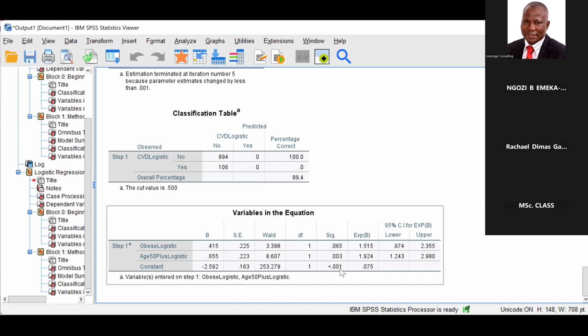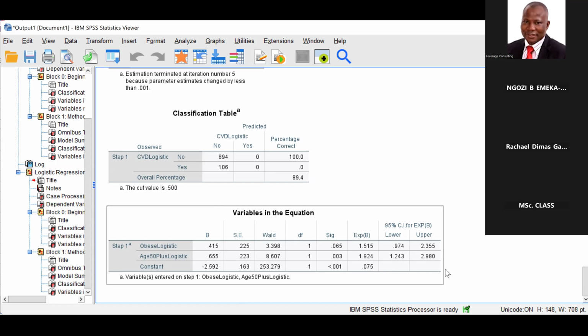Can you see? There are two ways you can know. Look at the p-value, 0.065, or look at the confidence interval, 0.97 to 2.35. For you to move from 0.9, you have to reach 1. One is in between. So that range of values, 0.974 to 2.355, including 1, is no more significant.